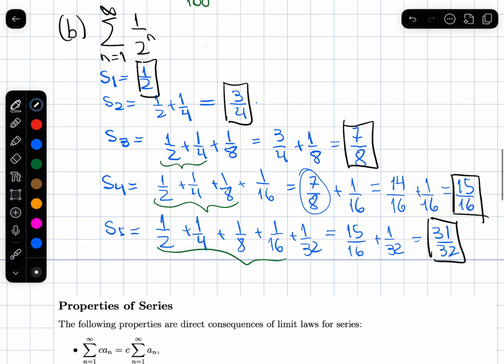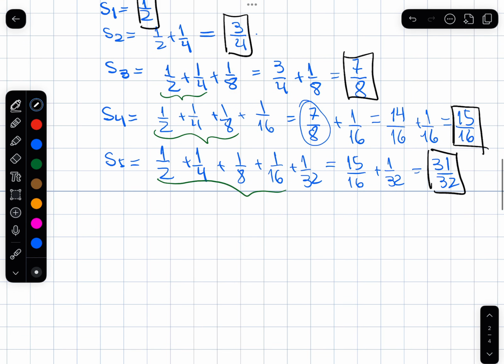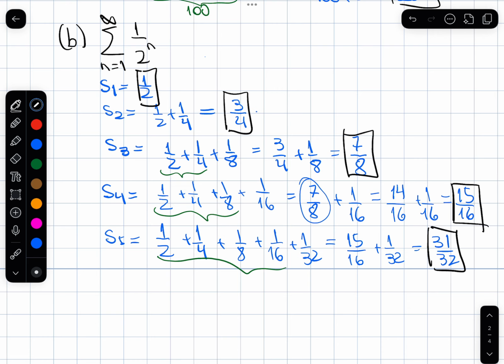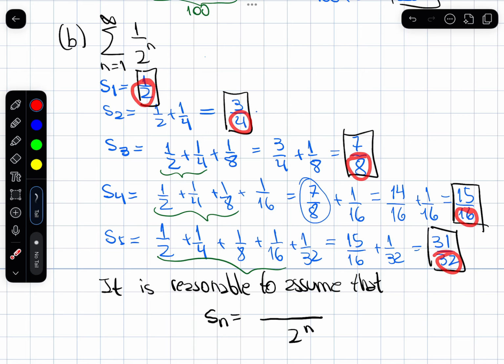Right? So you can see that probably Sn equals at the bottom 2 to the power n. You see powers of 2, powers of 2, powers of 2 at the bottom. And at the top, always that same power minus 1. You see that? So I can see a pattern going on here.